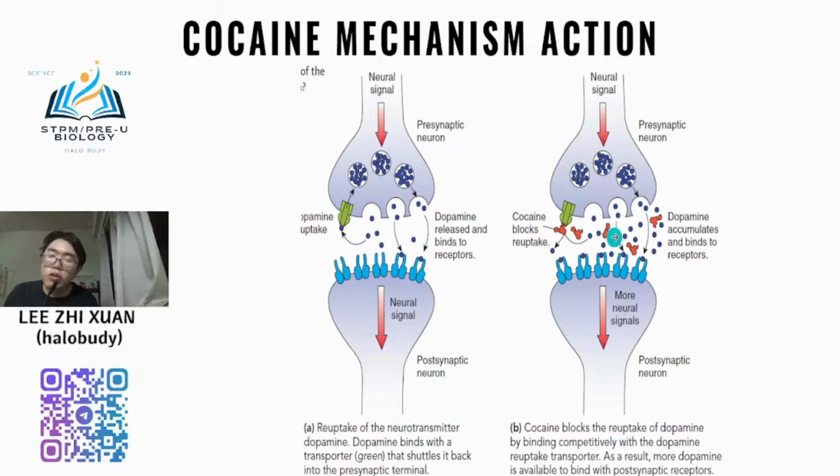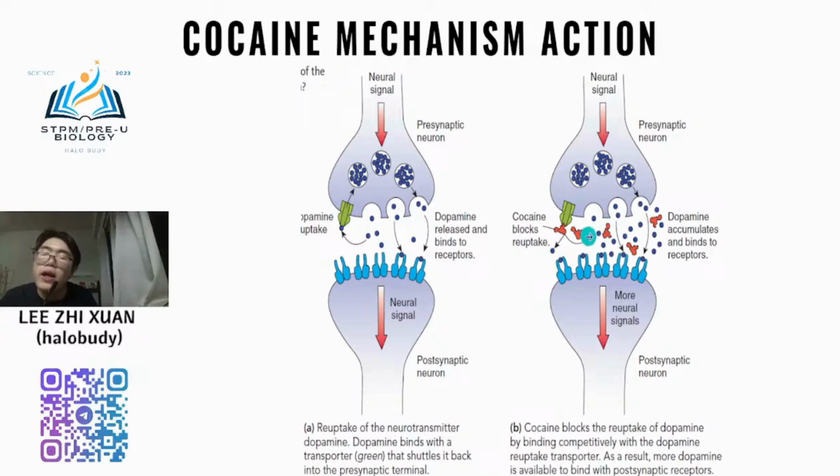In cocaine, when people consume cocaine, the cocaine will block the uptake of the dopamine molecule on the presynaptic neuron. Meaning that dopamine totally cannot recycle back into the presynaptic neuron, and it will accumulate here.